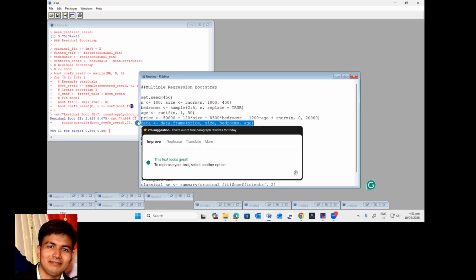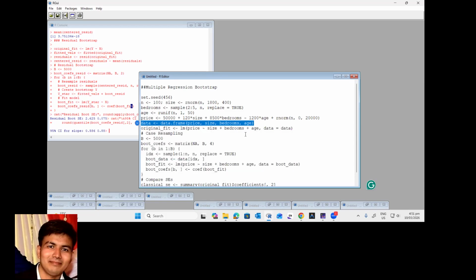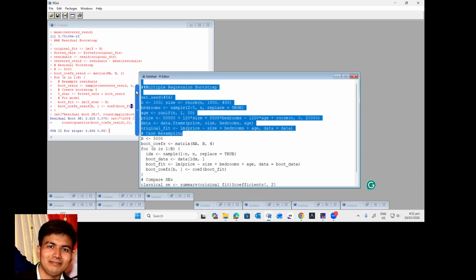All right. So after that, we are making one data frame here. In this data frame, we assemble the four vectors: price, size, bedrooms, and age. Then we fit the model, that will be our original fit for the generated data, using size, bedrooms, and age. So we just check what it is right now.